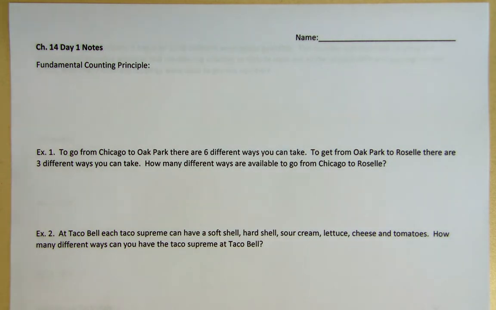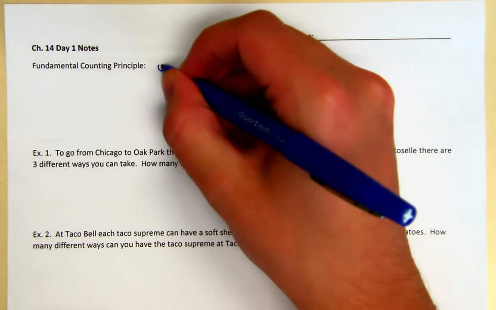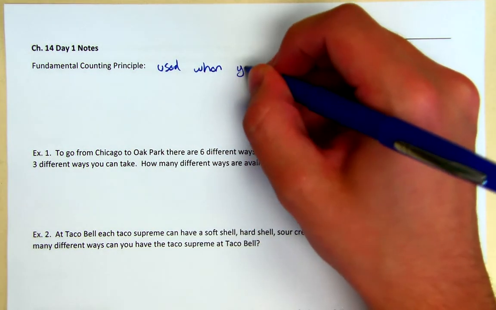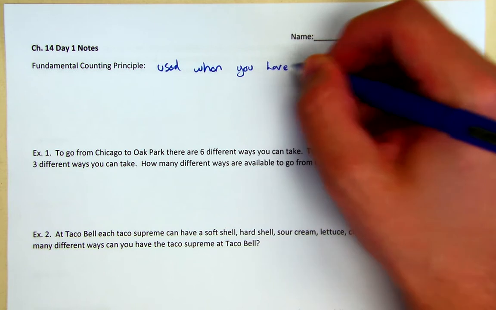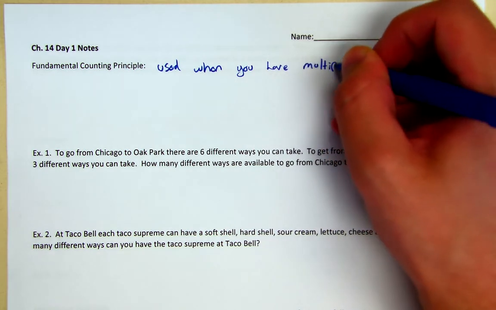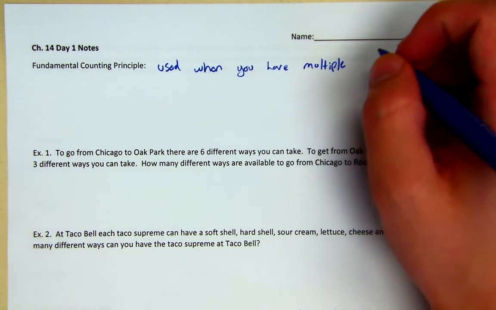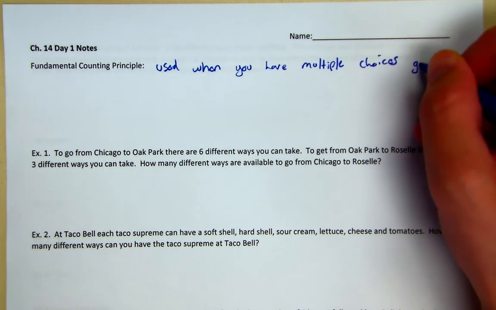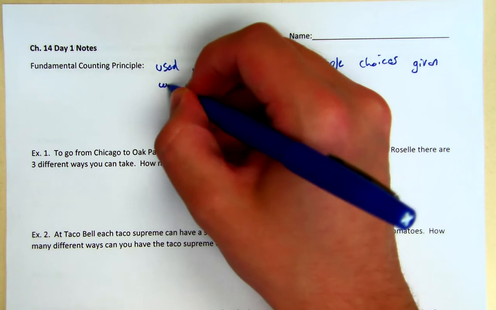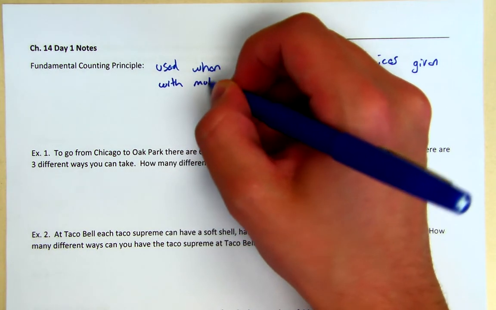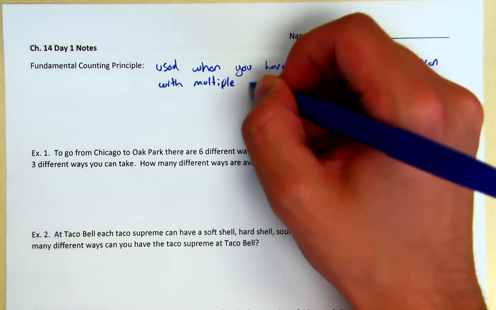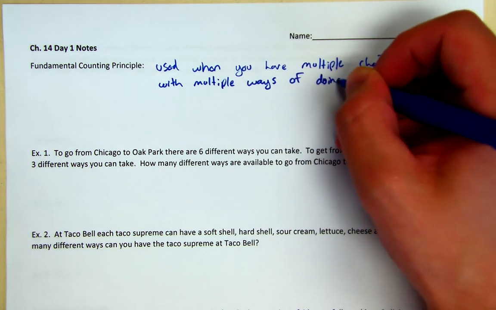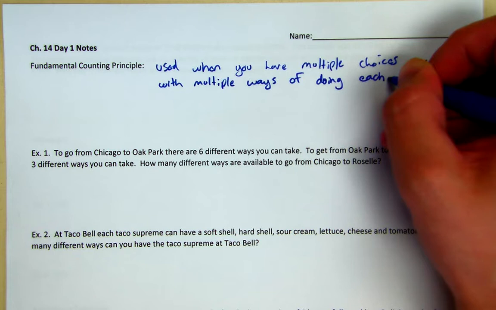Now, the fundamental counting principle is used when you have multiple choices given with multiple ways of doing each.